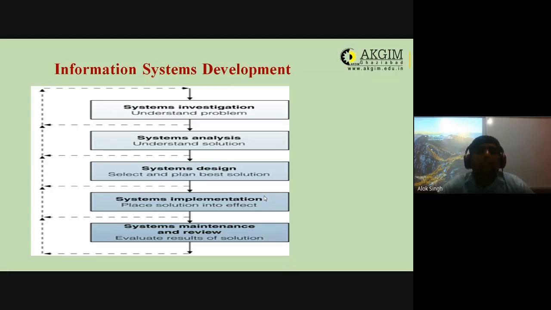So system implementation means place solution into effect. You will start implementing this solution by testing it on a pilot test basis, in a department, in a function, and after that you will implement it across the globe within your organization.